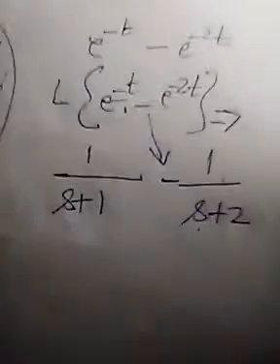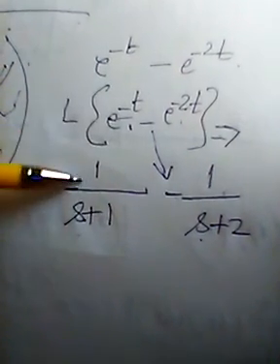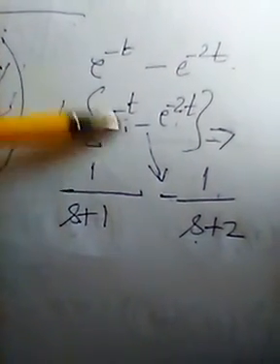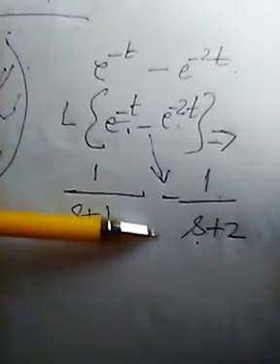Now we have seen the example of an exponential system, but this is going to be transformed into the S domain, the Laplace transform. So we have e power minus t, which is transformed into 1 by s plus 1. Then e power minus 2t is transformed into 1 by s plus 2.